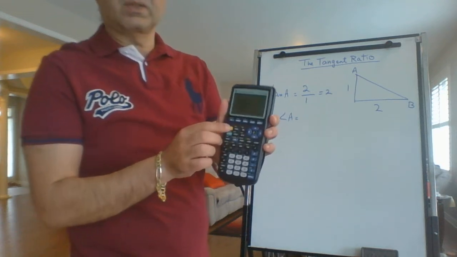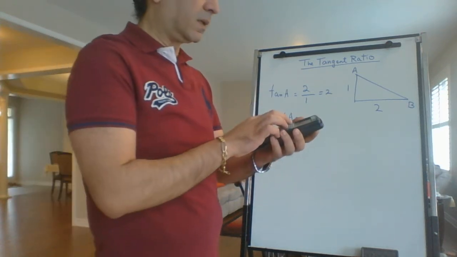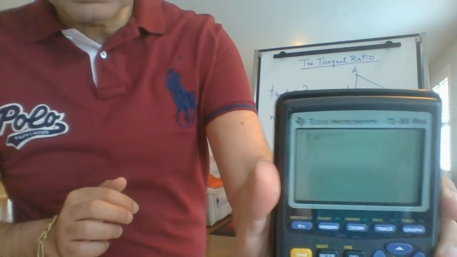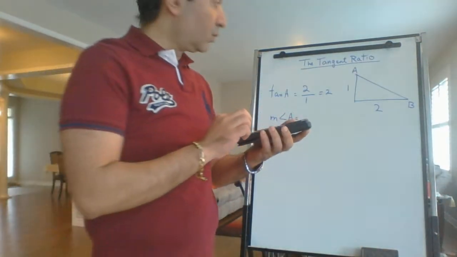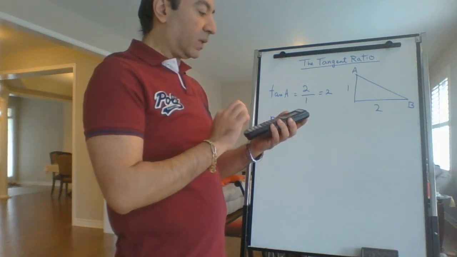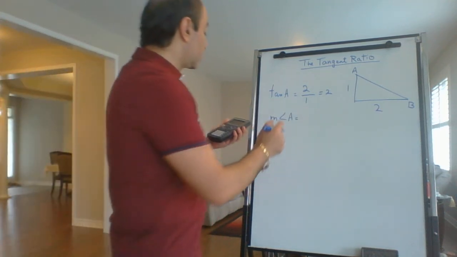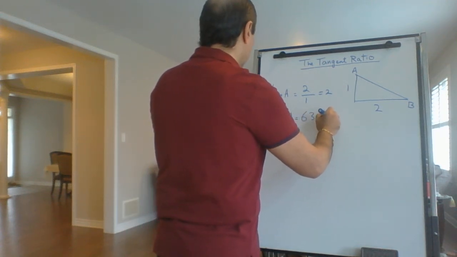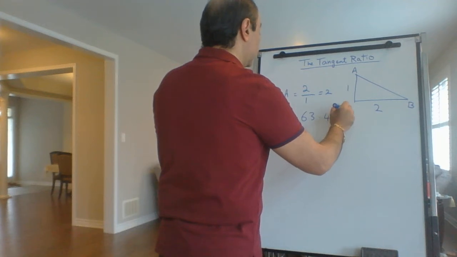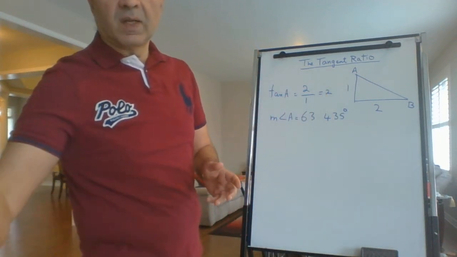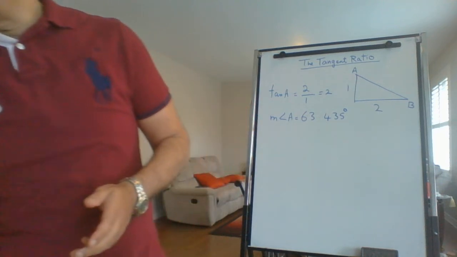You press this button, then you will see tan inverse like that, and you write 2, close the bracket and hit enter. You will get that the measurement of this angle is 63.435 degrees. This is how we find the measurement of the angle if we know tan.